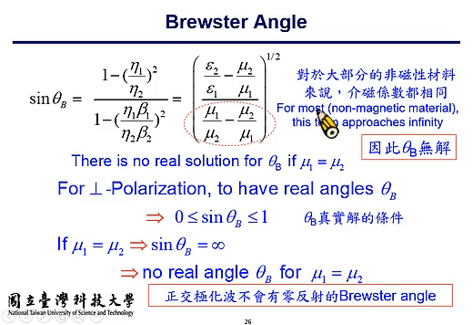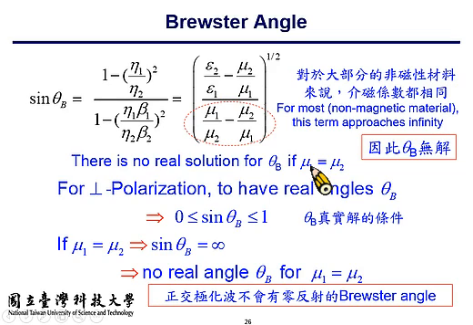But for most non-magnetic material, this term approaches, sorry, I wrote it wrong here. This term approaches 0. So the sin theta b goes to infinity. Therefore, you don't have a real solution for theta b if you have non-magnetic material on both sides.